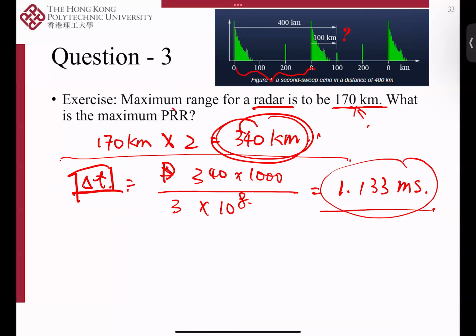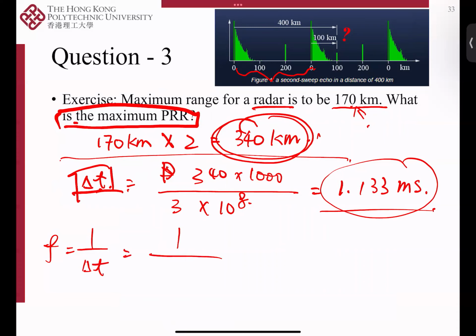But in this problem, we are talking about PRR, which is related to frequency. So we need to convert time into frequency. To do so, it's 1 divided by this one.